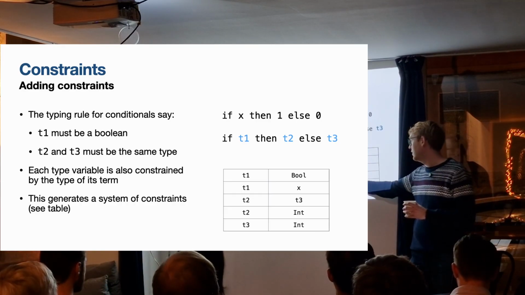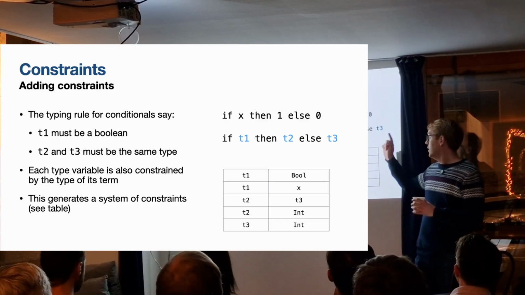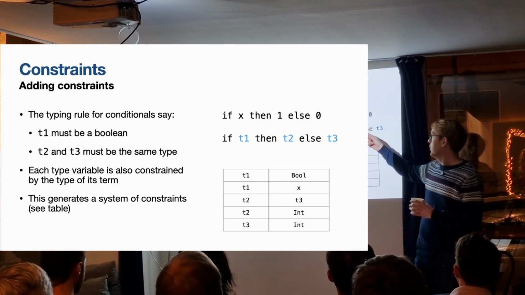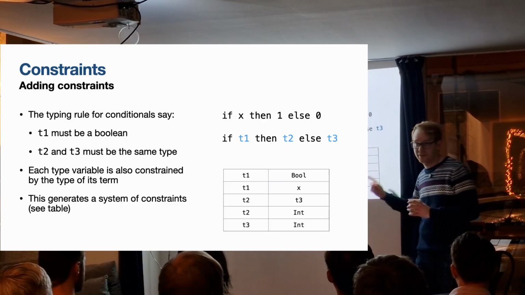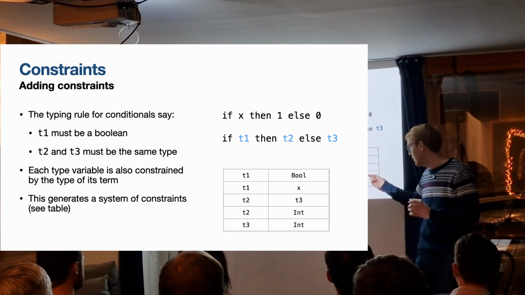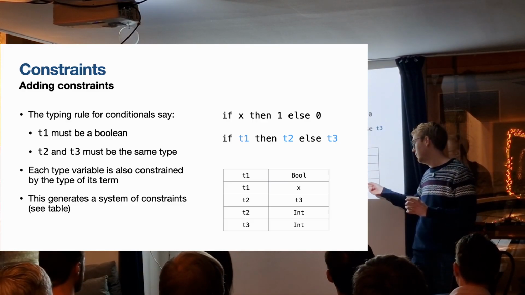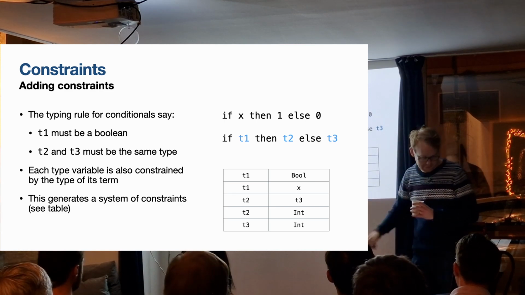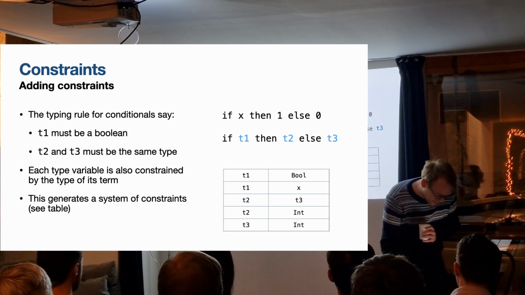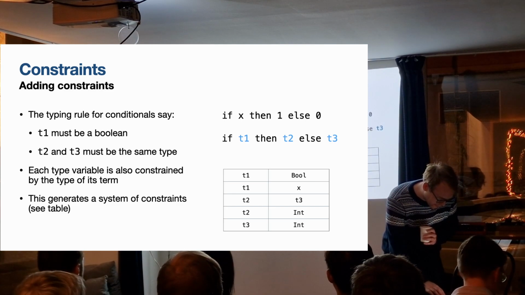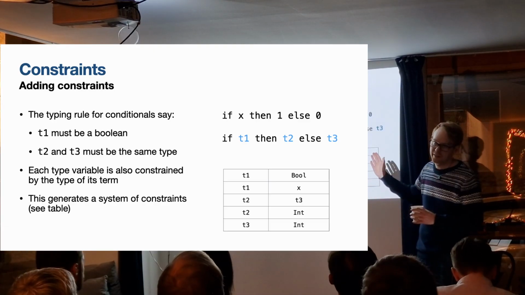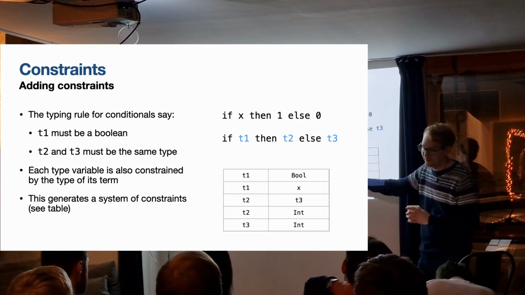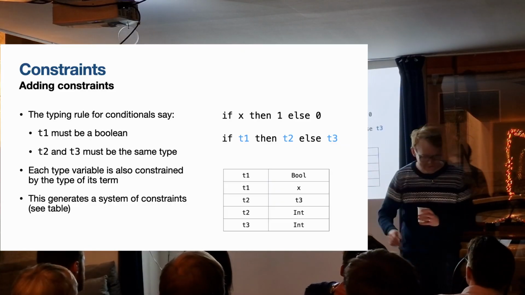And the same thing with T2 and T3, because both of them are int literals, so T2 needs to have the type int, and T3 needs to have the type int as well. Okay, so this is what I mean by constraints. This is a system of constraints that we can solve later.